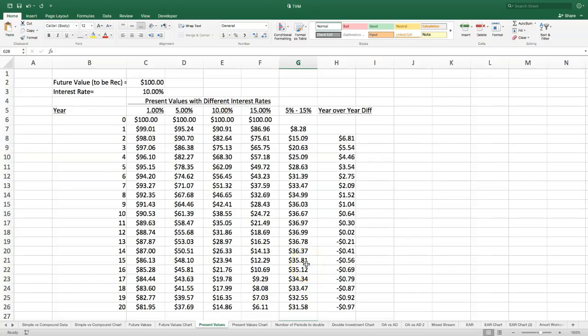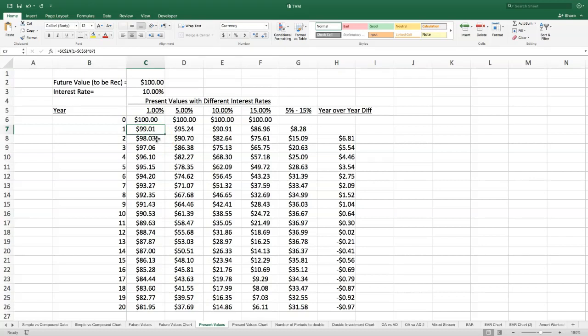So let's look at a spreadsheet. We have a future value, this is the amount to be received, of $100 at a compound interest rate of 10%, and we want to look at present values with different interest rates. So if we had a 1% interest rate, the present value of $100 to be received in 1 year would be $99.01.